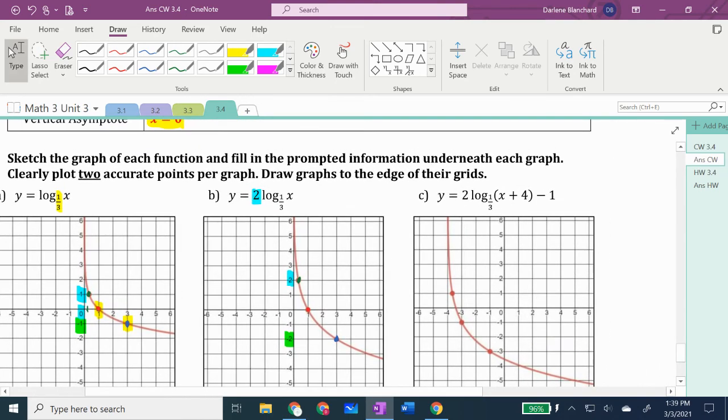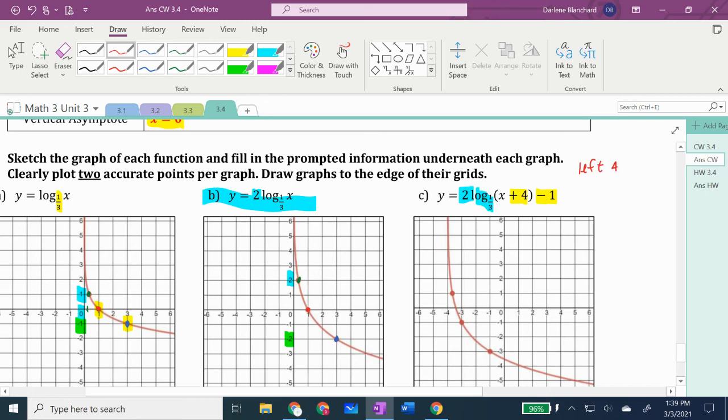From there, I have a logarithm with the same base 1/3, the same multiplication by 2 that is in part B, and we are taking that multiplied logarithm and we are shifting it. When I see plus 4 on an x, I actually want to subtract 4, so I'm moving it left 4.